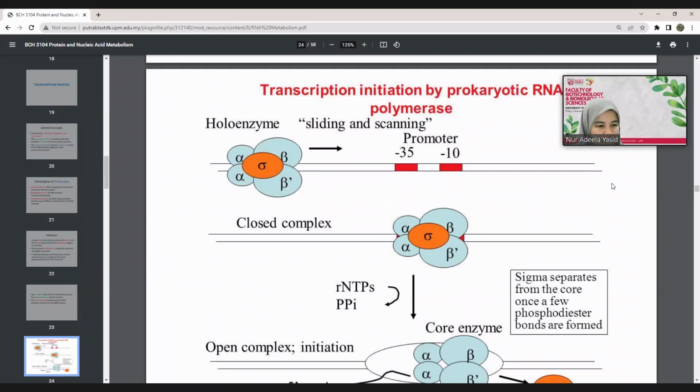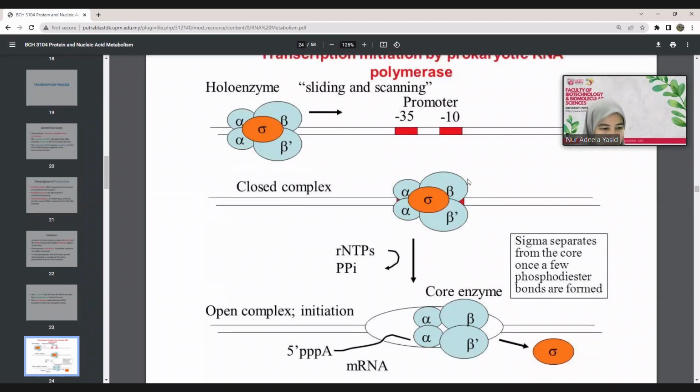What happened here is that there is an AT-rich region. The -10 region, TA, AT, or TATA box, is basically an AT-rich sequence.